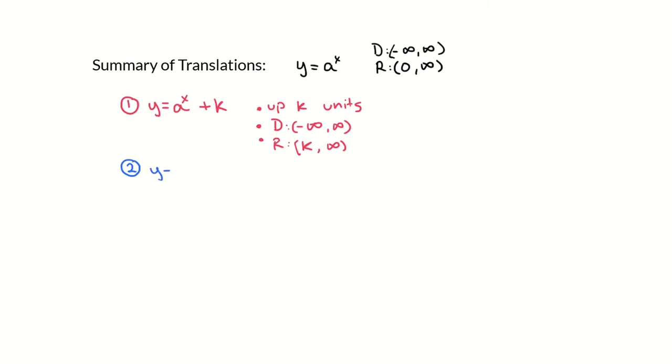If we subtract a positive number from the function a to the x, so a to the x minus k, where k is positive, that would cause a shift down k units. The domain would be the same, negative infinity to infinity, and the range would be negative k to infinity, with an asymptote at y equals negative k.